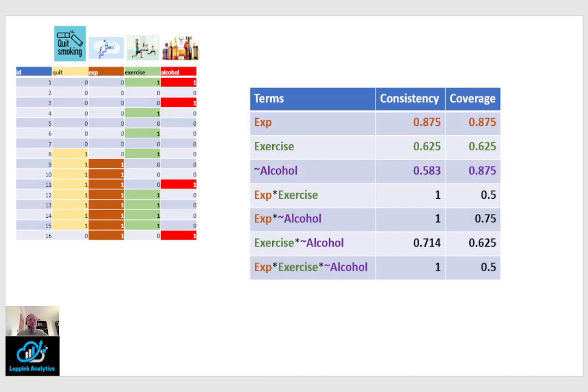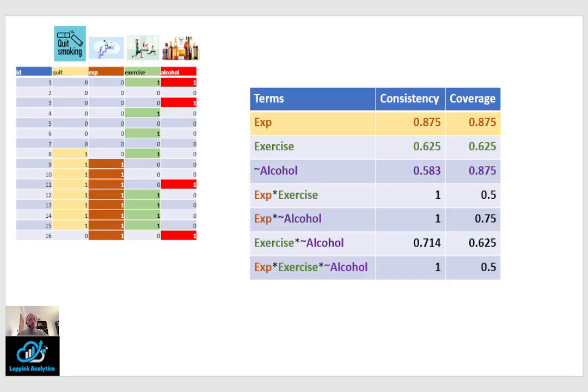Yet these 4 cases that have this extensive combination only account for half of the cases who quit smoking, hence a coverage of 50% or 0.5. So if we have to choose a single factor that is either health intervention or exercise or a low alcohol intake, the health intervention wins.